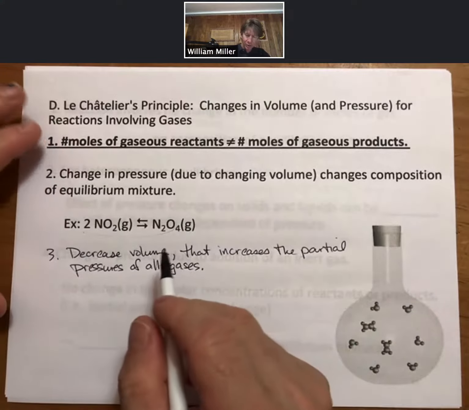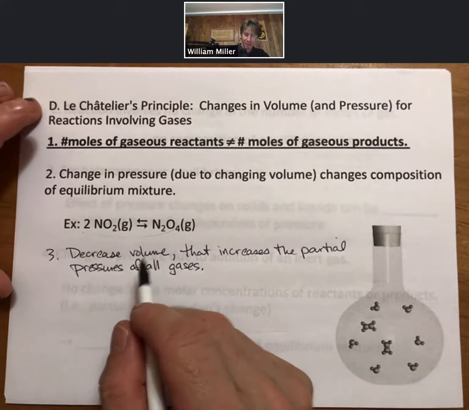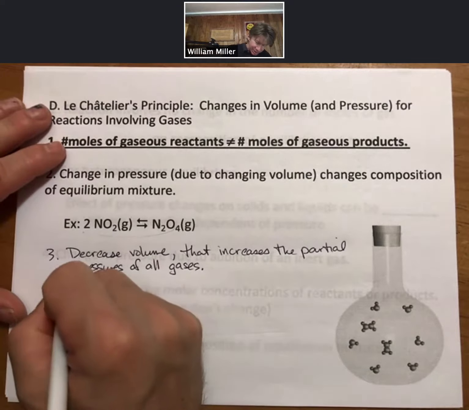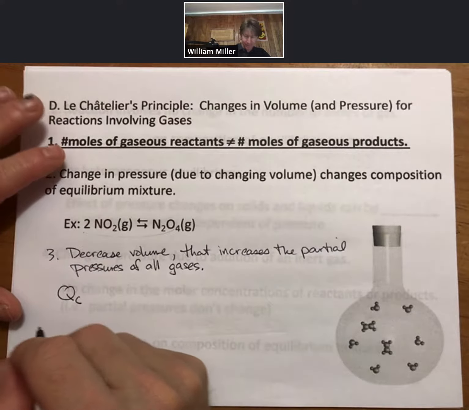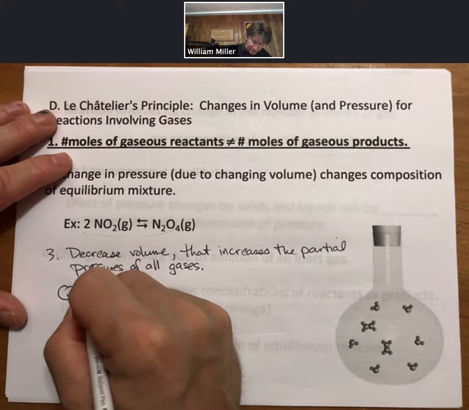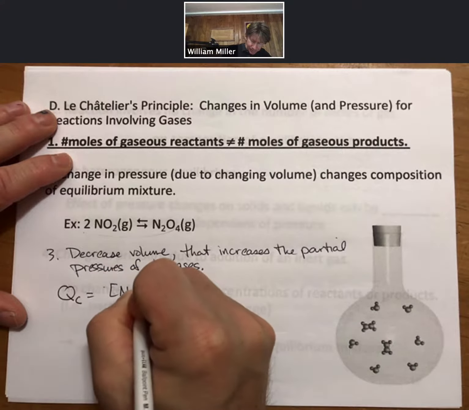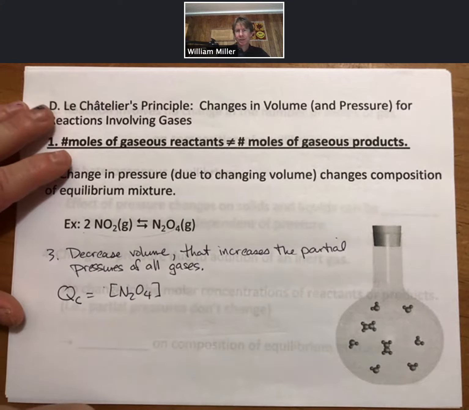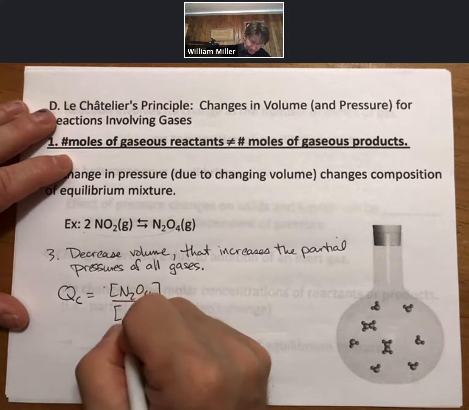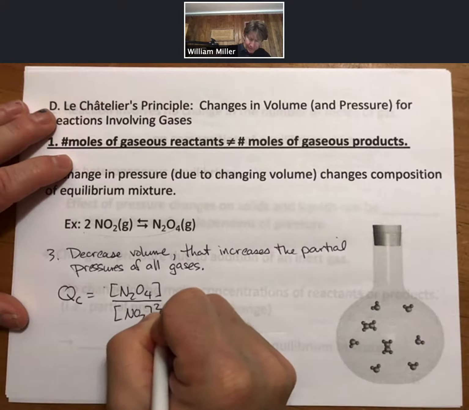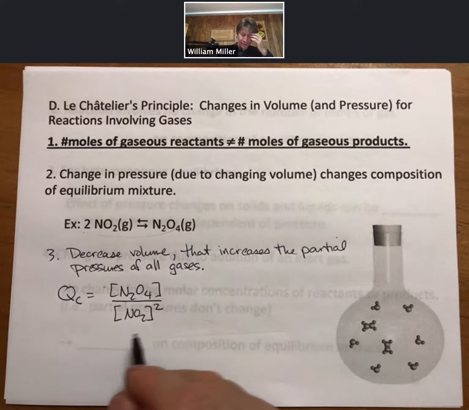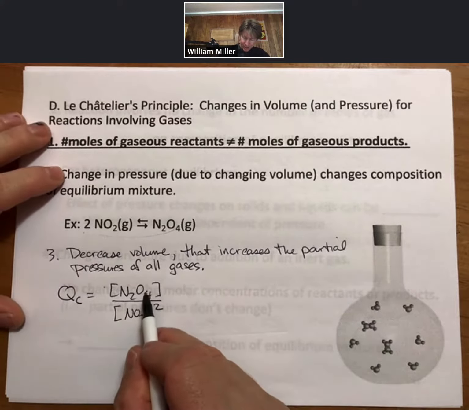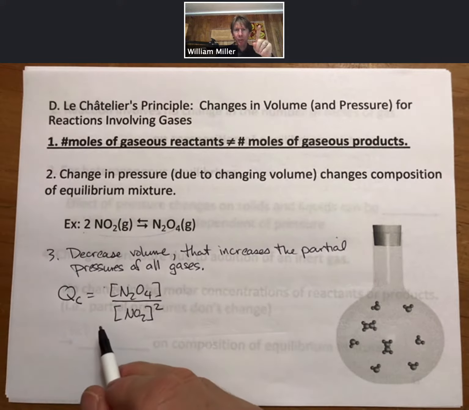Now, before we talk specifically about Le Chatelier's principle, let's return to Qc versus Kc for a second. So our Qc expression has our product on top and our reactant on the bottom. Let's assume that all of the pressures are 1 atmosphere.